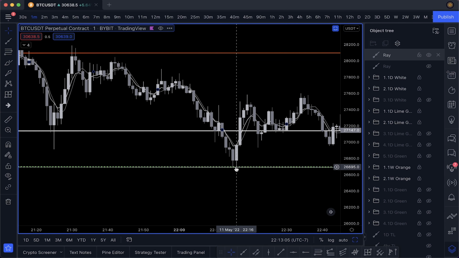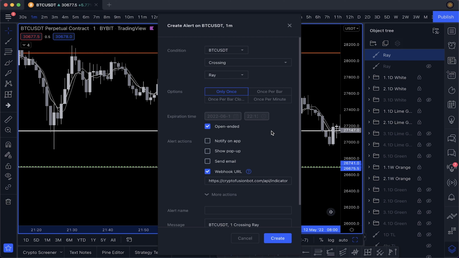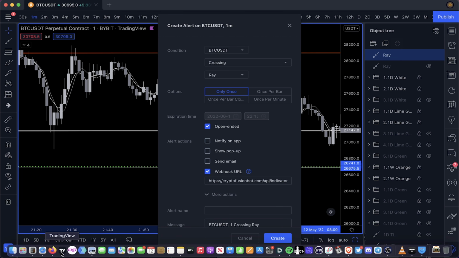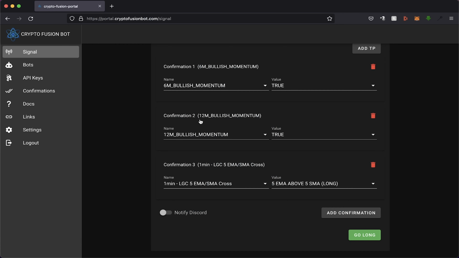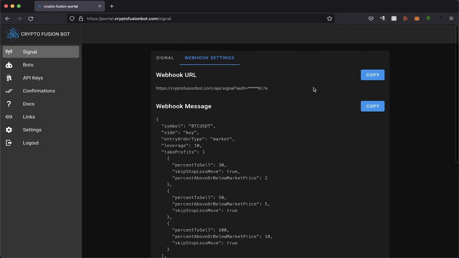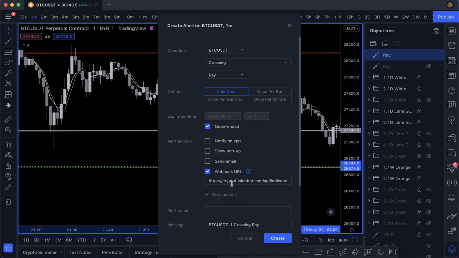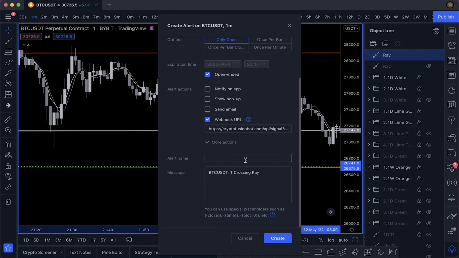So this was our level. The bot triggers when the trend line is hit, okay? So let's just go set an alert for that trend line here. Just go over here, webhook settings, copy our webhook. Name the alert.